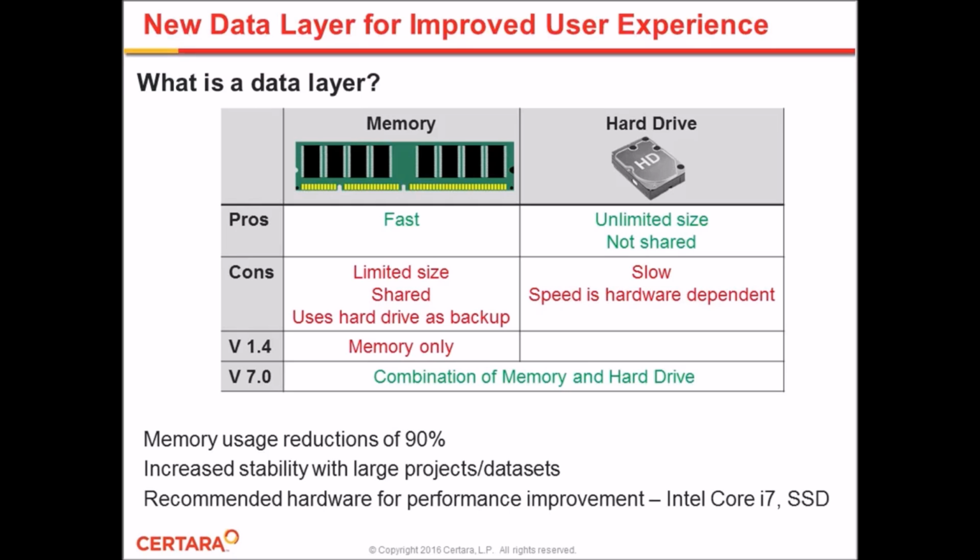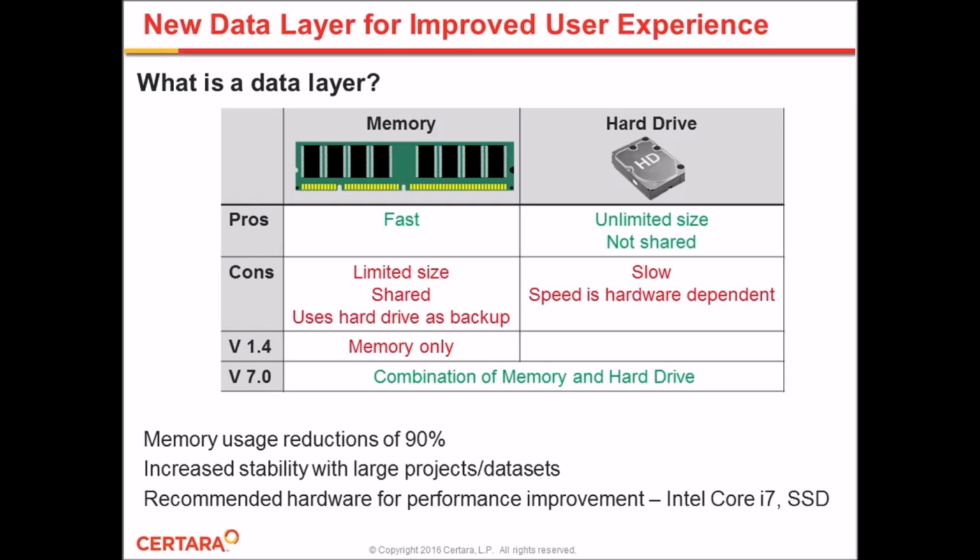out-of-memory errors. So we implemented the new data layer into Phoenix 7.0 that uses a mixture of memory and hard drive to improve the user experience. We cache a small portion of the data set in memory and read the rest from disk on demand. Users will see memory usage reductions of approximately 90%.